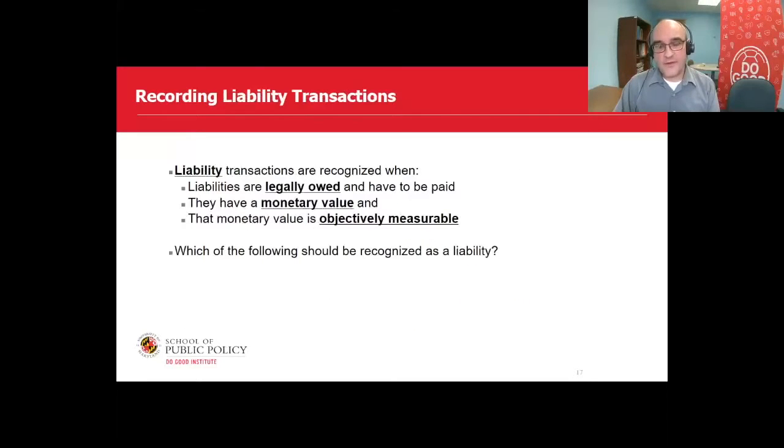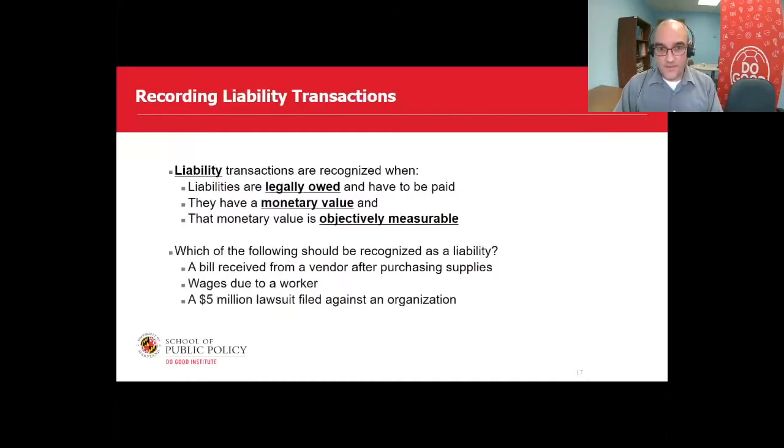Liability transactions are classified in the same way. They're recognized when they're legally owed and when there's an objectively measurable monetary value associated with them. Just like in these examples, we have financial events associated with an organization receiving a bill from a vendor after they purchase supplies.